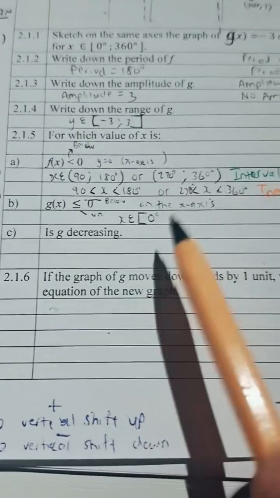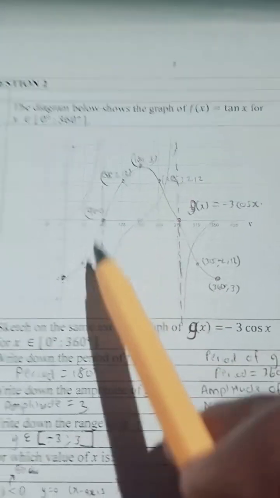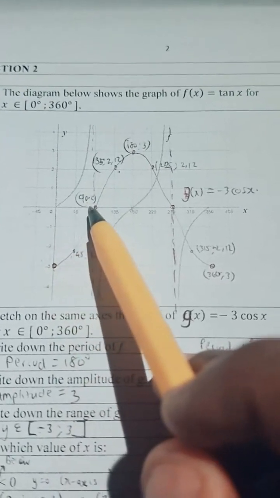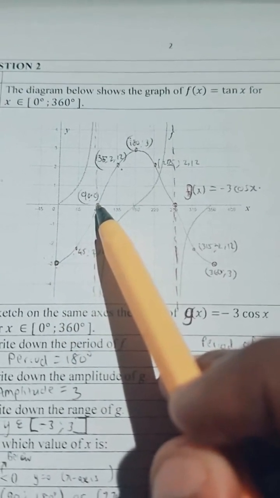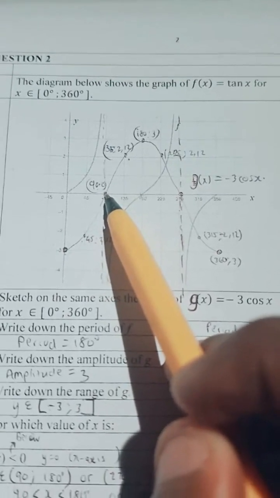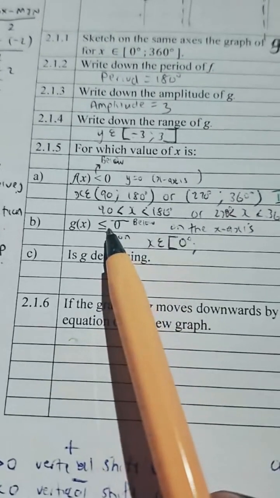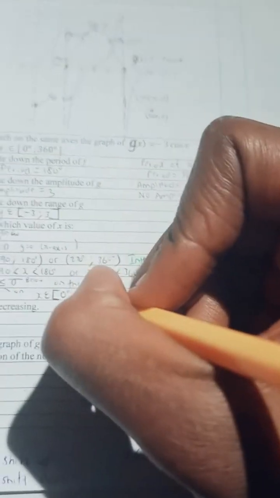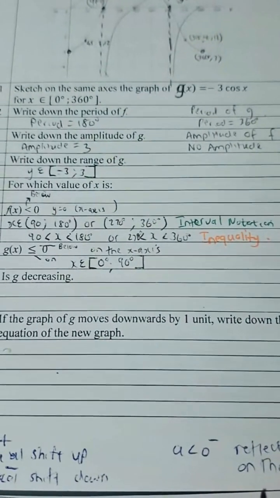Then to 90, because we are below all the way. At 90, the function is on the x-axis, but because of the equal sign we also include 90. So we say 90 and we square the bracket. Together?